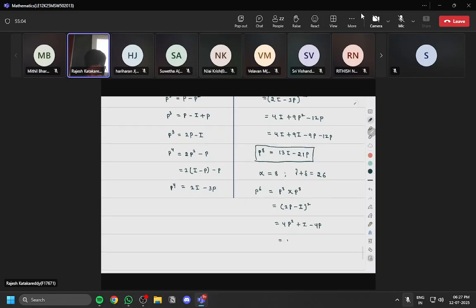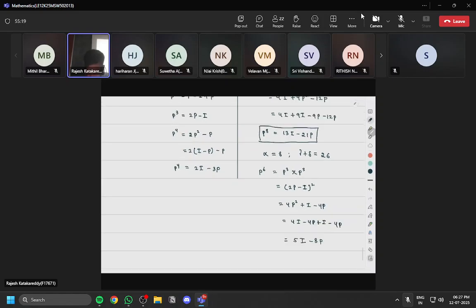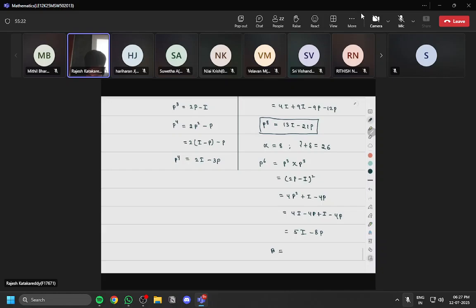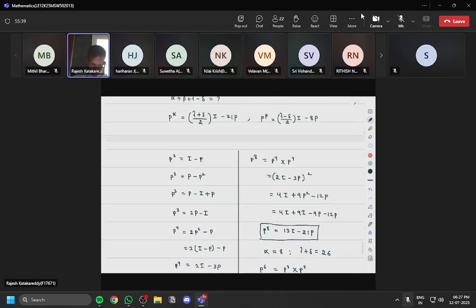So 4P square, this is 4I minus 4P plus I minus 4P. So we have 5 times identity minus 8P. So on comparison, we get beta is equal to 6, gamma minus delta is 10. We need alpha plus beta plus gamma minus delta. So 8 plus 6 is 14, 14 plus 10 is 24. Option 4.